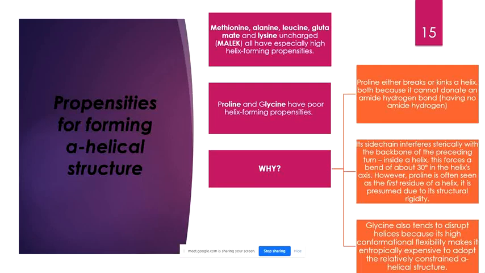But it's not always that they are going to break it up. Suppose you have a huge long stretch of amino acids and you have a glycine or a proline at the center, and towards the left you have all amino acids that form alpha helix, and to the right you also have amino acids that form alpha helix.